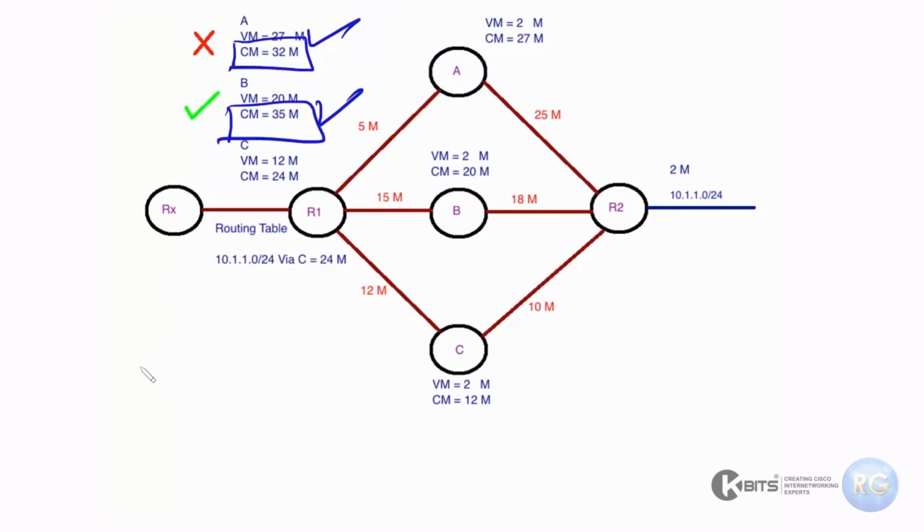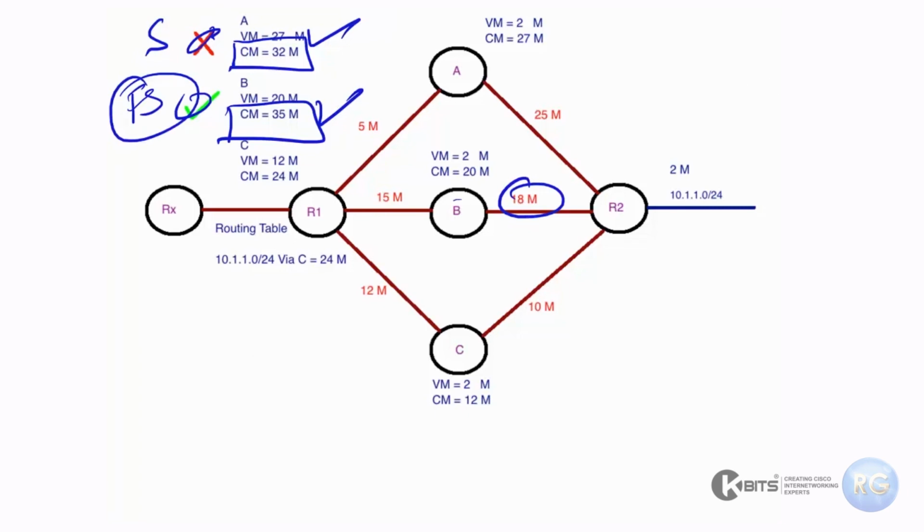B's composite distance was 35. So if B comes up, A remains as the successor and he will become the feasible successor, if it meets the feasibility condition, which it does, because B's cost is 18 and my cost is 32.